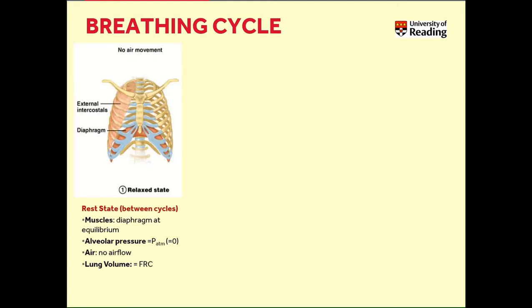So in the relaxed state, between inspiration and expiration, the muscles will be at an equilibrium. The diaphragm is going to be relaxed. The alveolar pressure will be equal to the atmospheric pressure, and air will not flow in and out of the lungs. The volume of air in the lung will be equal to the functional residual capacity.